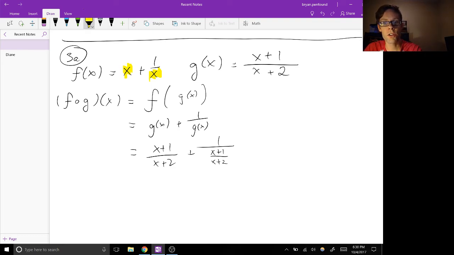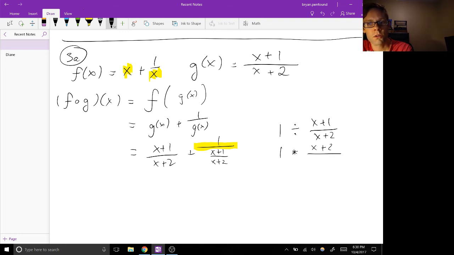We have two fraction bars over here, and this top one's really bugging me. I'm going to try to get rid of this top fraction bar by thinking about this as 1 divided by x plus 1 over x plus 2. So this is really like 1 times x plus 2 over x plus 1.